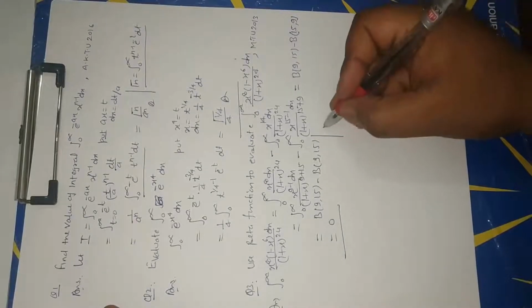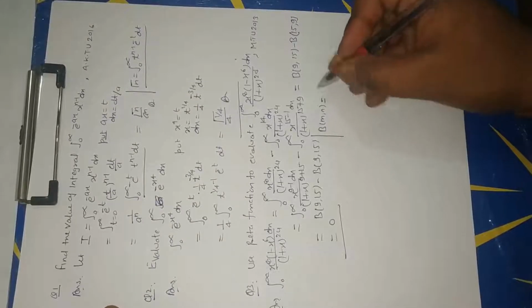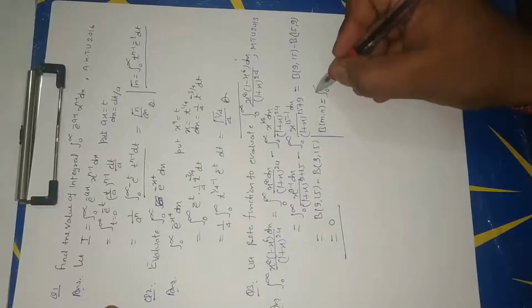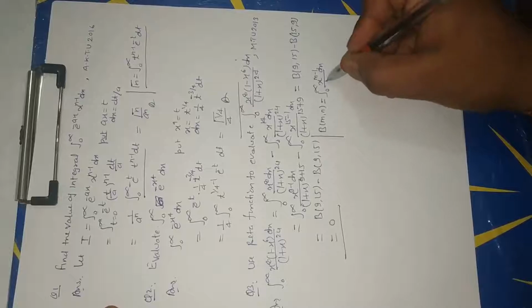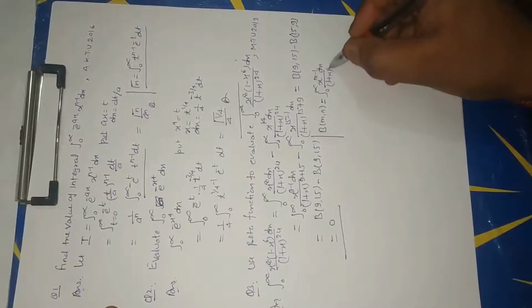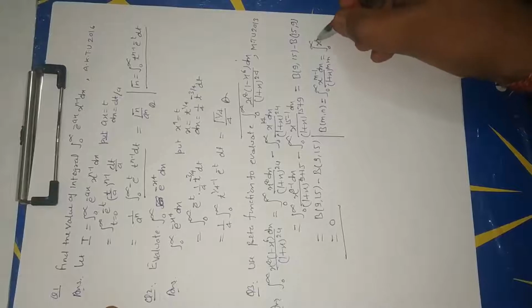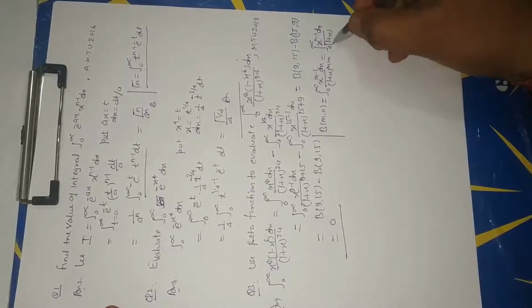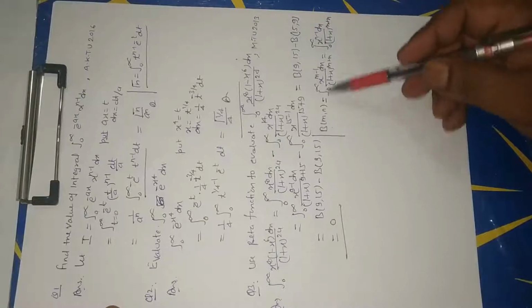We know that beta m n is equal to the integral from 0 to infinity of x to the power m minus 1 dx upon 1 plus x whole power m plus n, or the integral from 0 to infinity of x to the power n minus 1 dx upon 1 plus x whole power m plus n, by using this formula here.